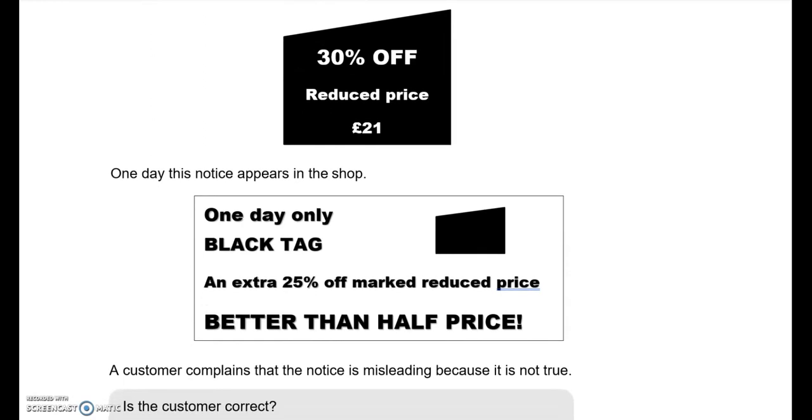Is the customer correct? It's always easy to pick an example in here and start from there. So if we have an item that would normally cost £100 and then you take off 30%, you're left with £70.